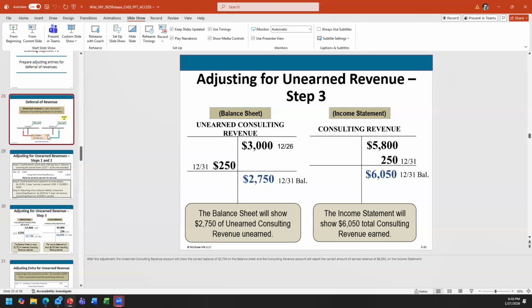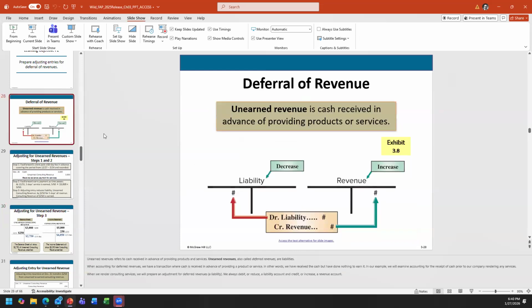With unearned revenue, the sneaker example, $100. Let's say I sell Dario the pair of sneakers for $100, but I say, hey, I need you to pay me before I can ship the product out to you. Let's say here we are on 1/20.